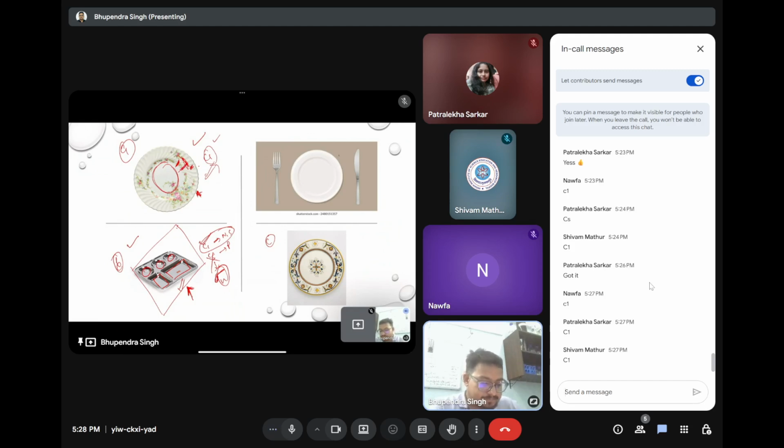Anyway, point group of this one, plate C. Nafa says C2v, Patlekha and Shivam?